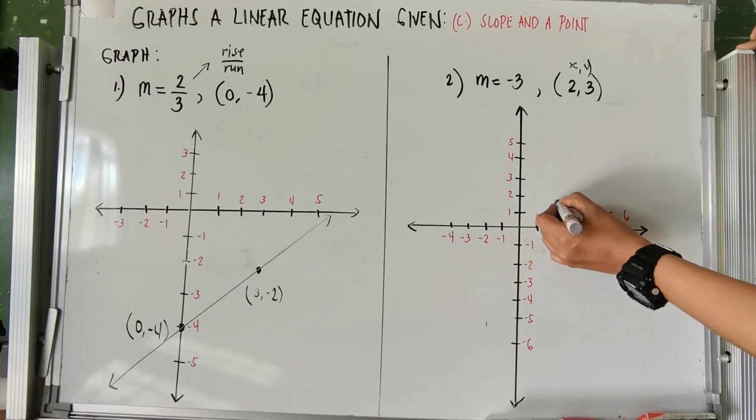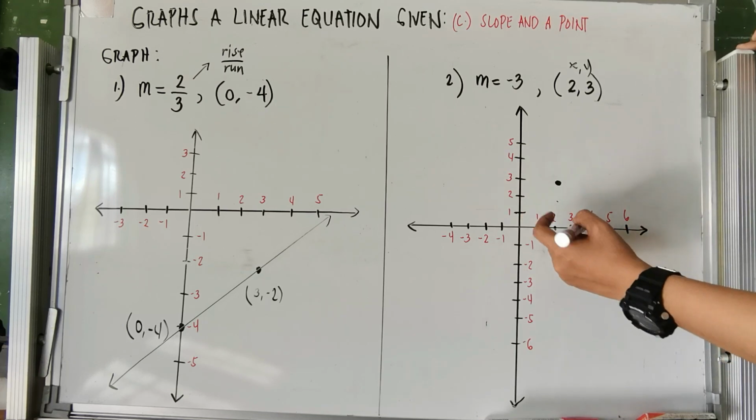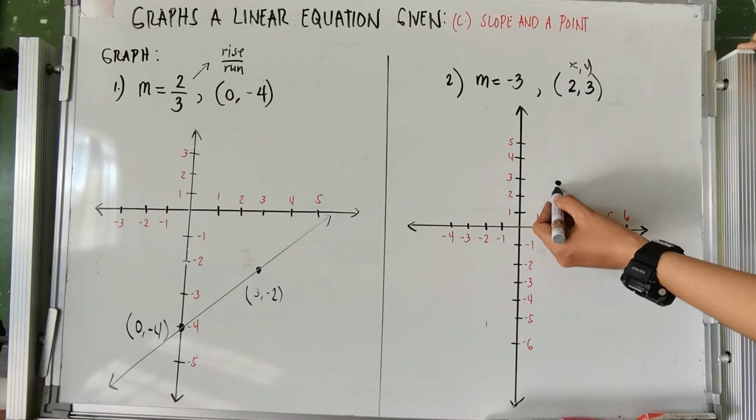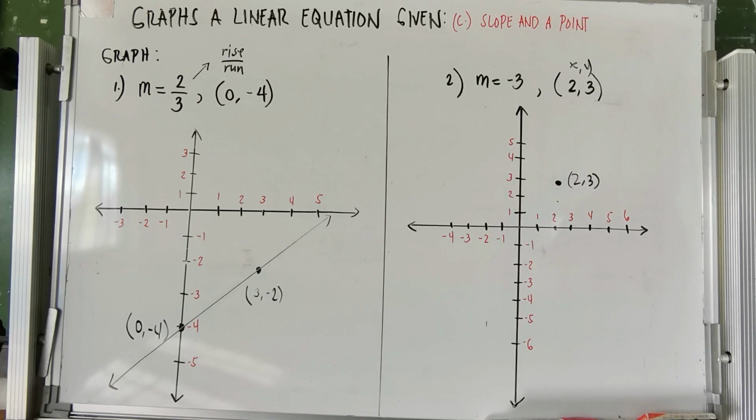So 1, 2, 3. Ibig sabihin, ang ating first ordered pair ay ito. So ulitin ko ulit, positive 2, positive 3. So ito yung kanyang intersection. Okay? Next.